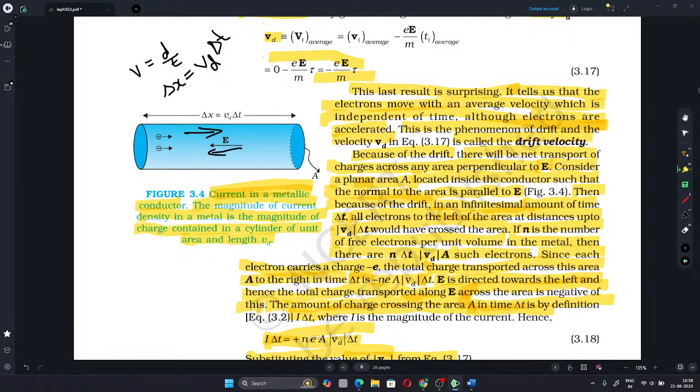E is directed towards the left, and hence the total charge transported along E across the area is the negative of this. The amount of charge crossing this area A in time delta t is by definition I delta t, where I is the magnitude of current.